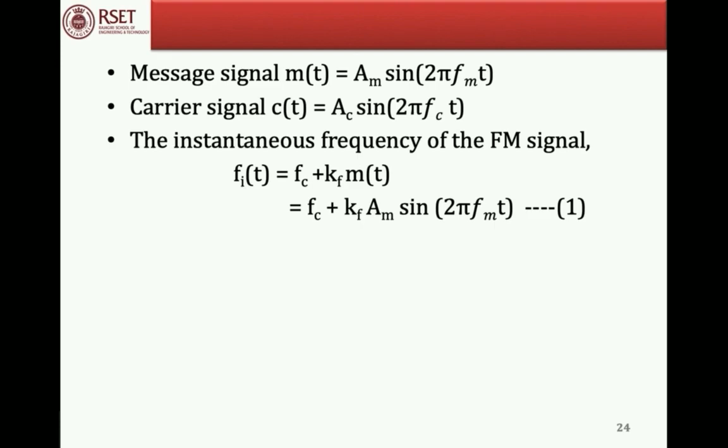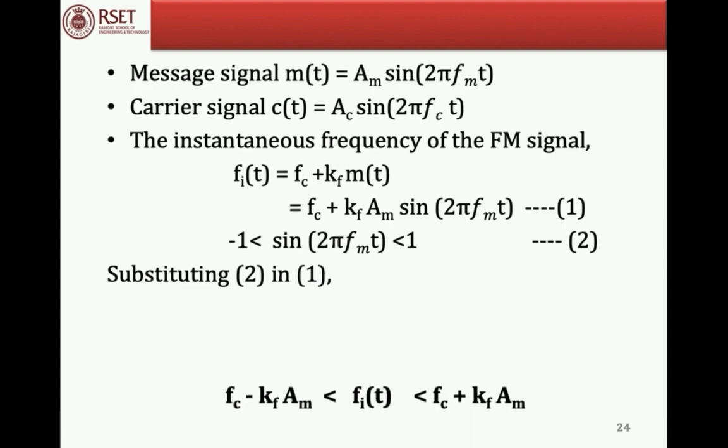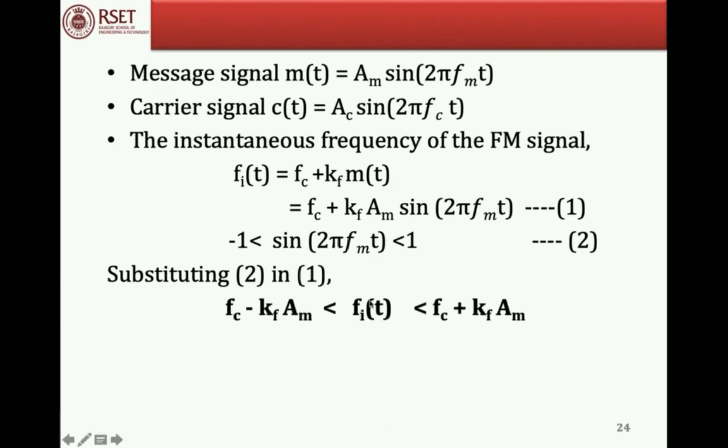See that in the FM signal, the frequency of the carrier signal varies as a scaled version of the message amplitude at different times. We know that sin(2π fm t) takes values between -1 and +1. Substituting equation 2 in equation 1, we find that the frequency of FM takes values between Fc minus Kf Am and Fc plus Kf Am.